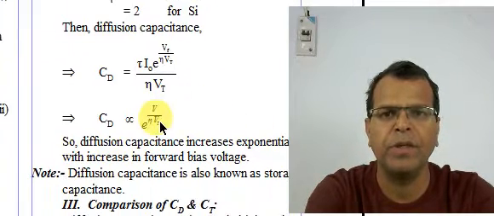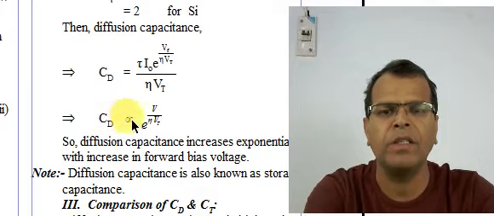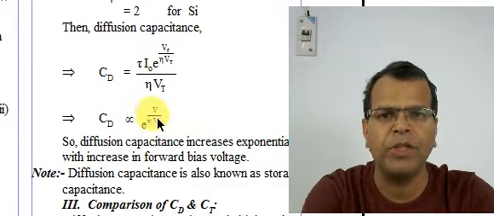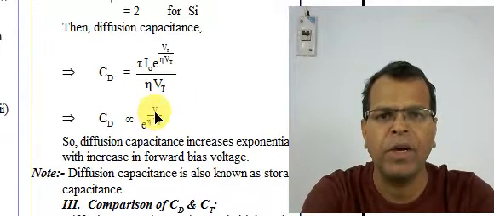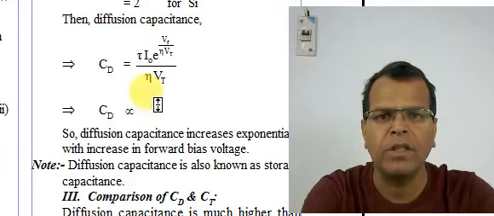So this is the relationship. What I find is that the diffusion capacitance is directly proportional to an exponential relation with the forward biasing voltage of the diode.